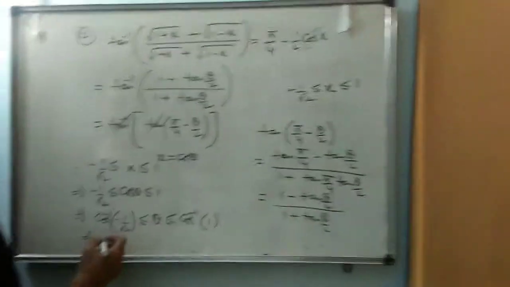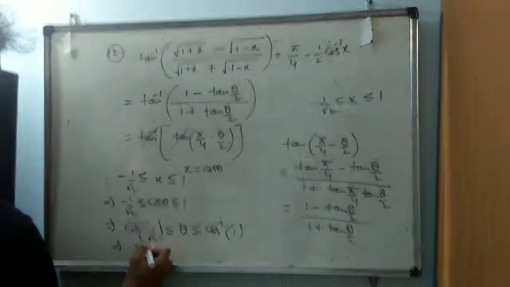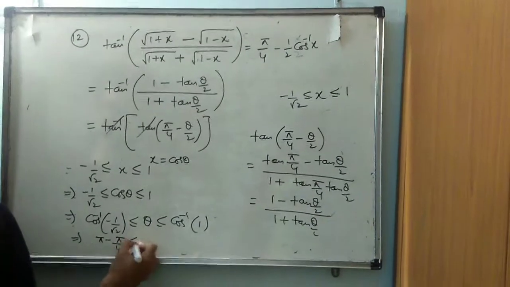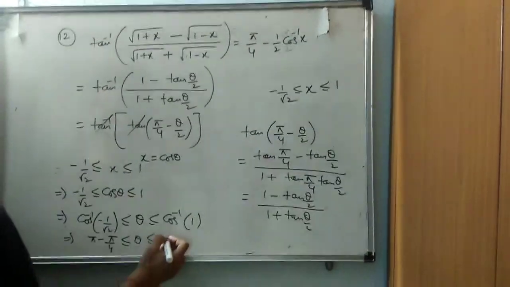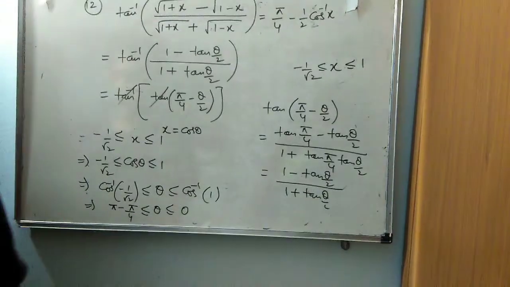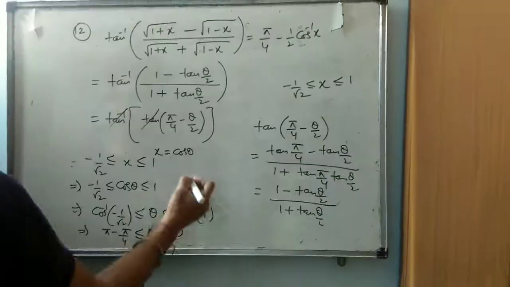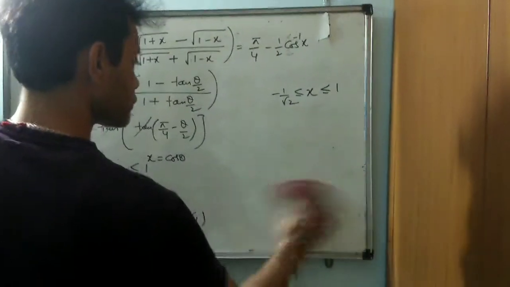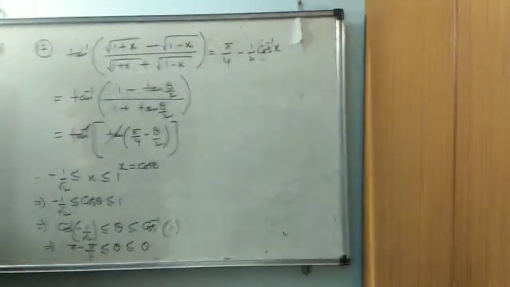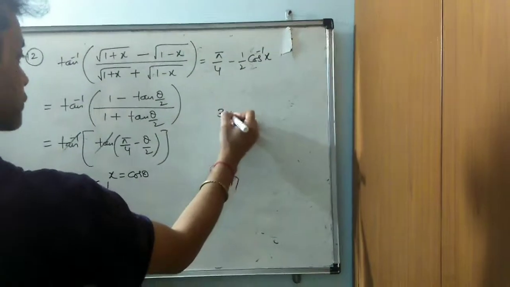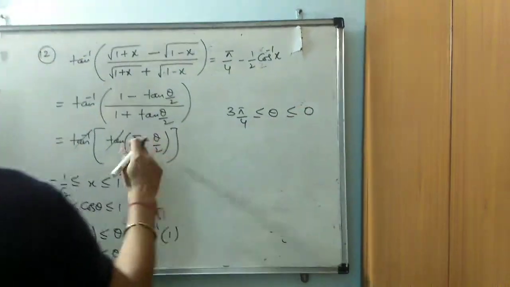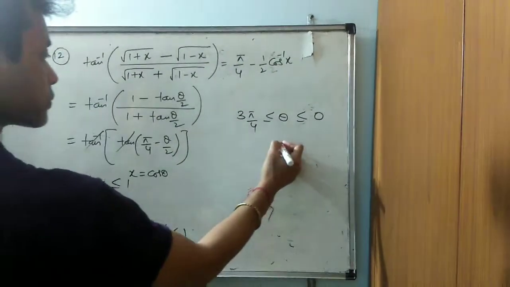Cos inverse of minus 1 by root 2 will be pi minus pi by 4, and cos inverse 1 is 0 degree. So theta is lying between 0 and 3 pi by 4.